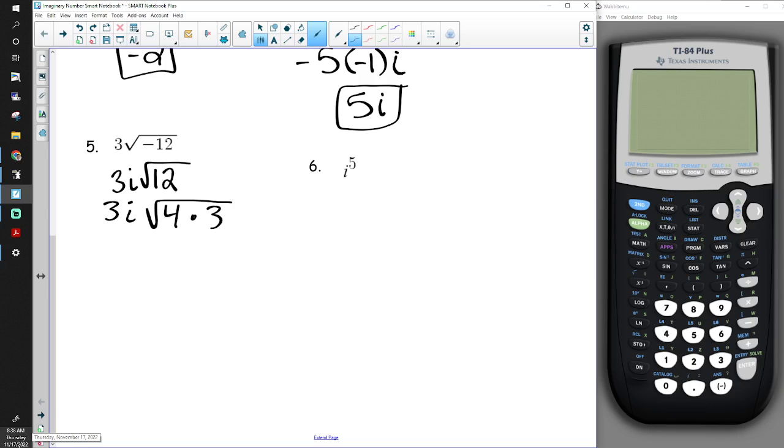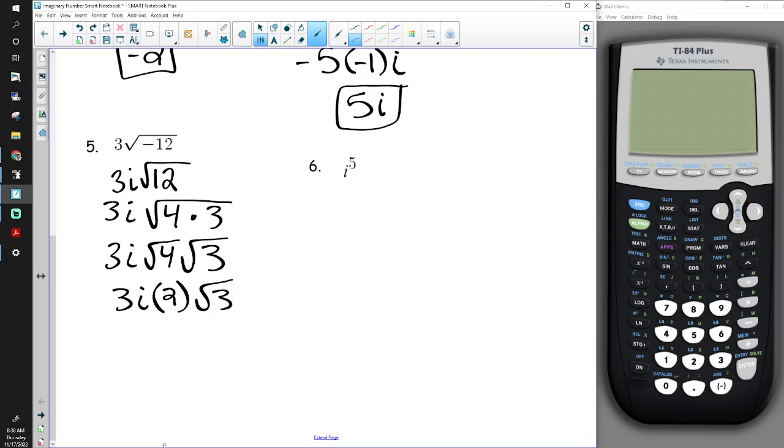Keep on pulling them apart. 3i, square root of 4, square root of 3. Again, this is just like what we did. The only difference is there's an i hanging out now. I know the square root of 4 is 2. So I have 3i times 2 square root of 3.